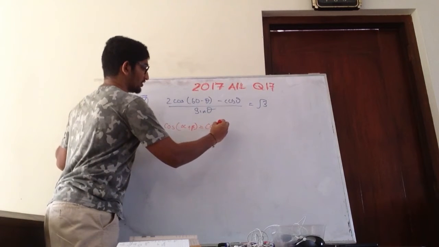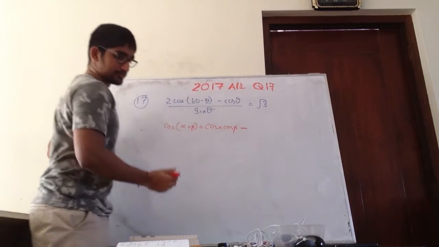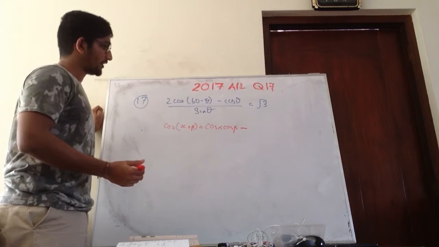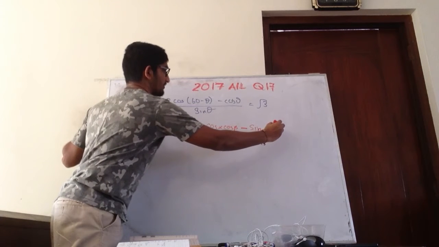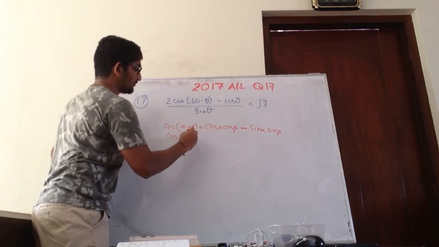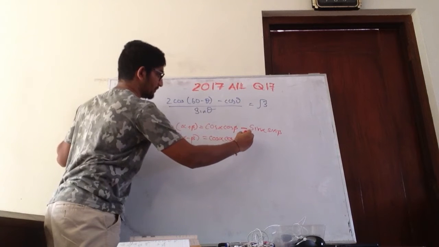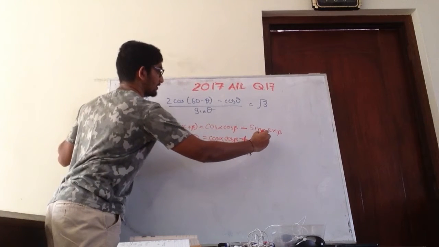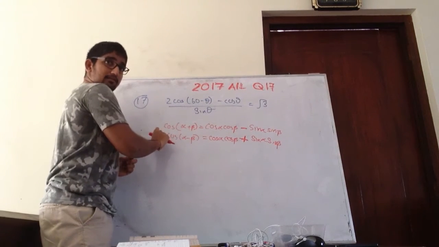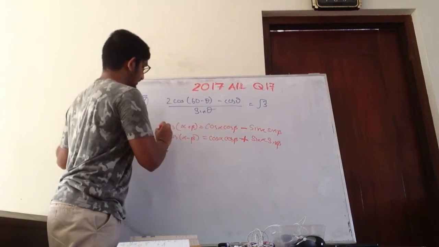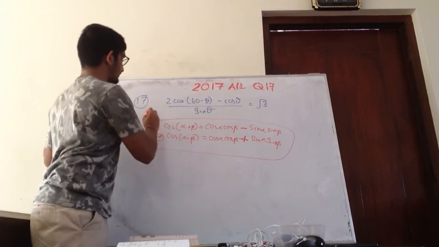That is cos alpha cos beta, and this should be minus sin alpha sin beta. And when it's cos(alpha minus beta), that is cos alpha cos beta, and this should be plus sin alpha sin beta. So what we need here is this part.